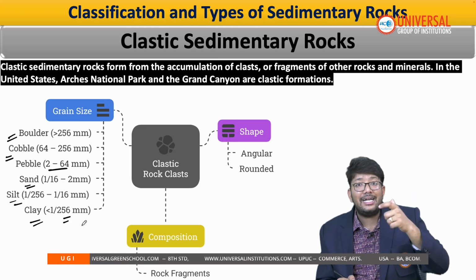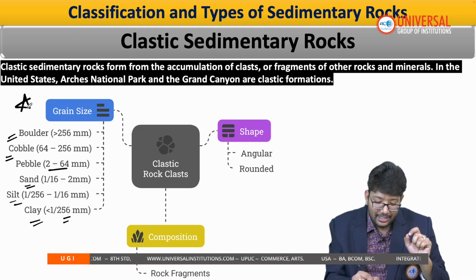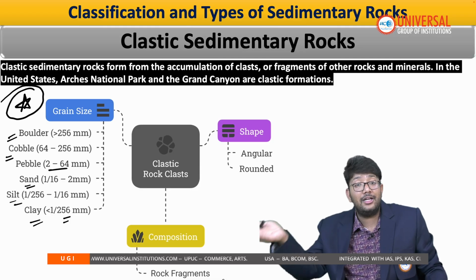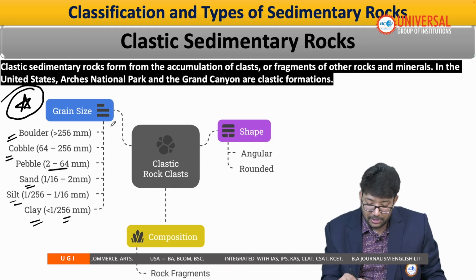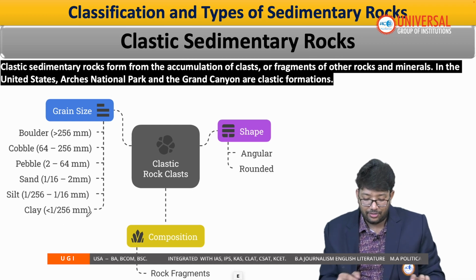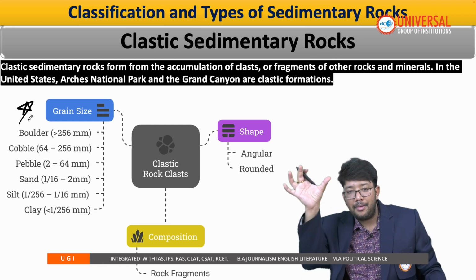So this is the descending and ascending order. 100% it can be asked in the examination whether boulder is bigger or silt is bigger, pebble is bigger or sand is bigger. So you have to remember this particular grain chart.